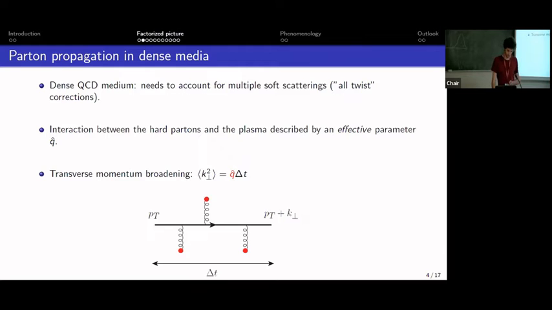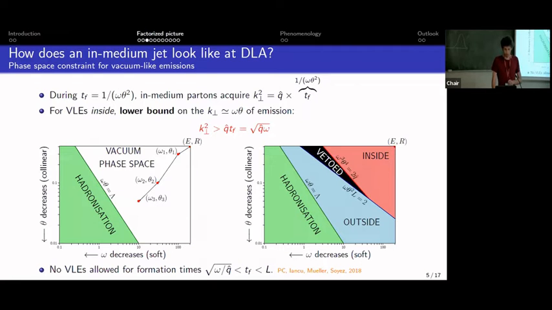In the outlook, I will comment on the possible dependence of q hat as a function of kT squared. All right, so in order to understand the modification of the vacuum phase space that I've discussed in the previous slide, we need to understand a bit qualitatively how an in-medium parton is affected by the presence of this dense medium.